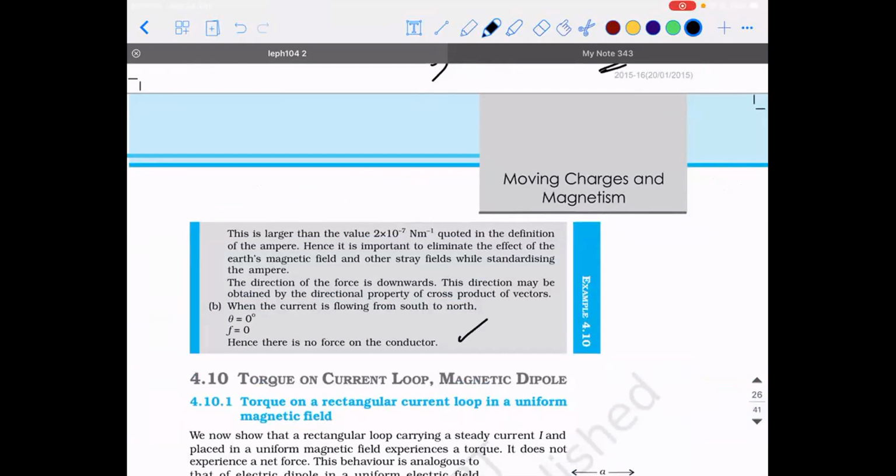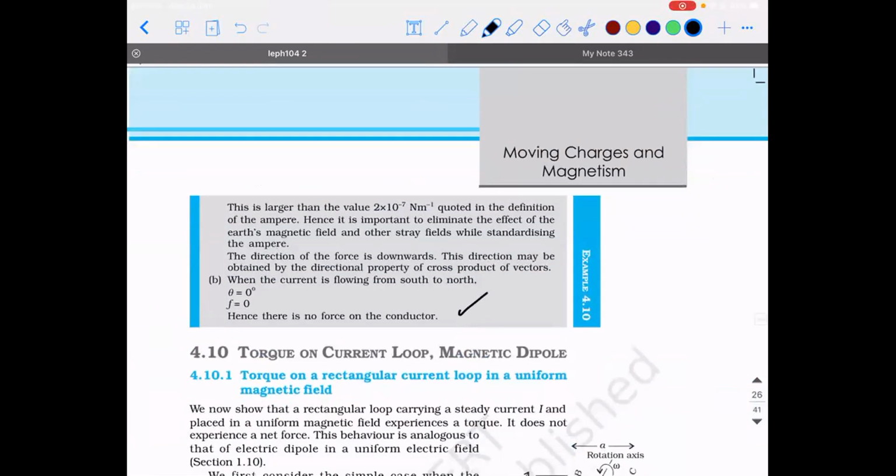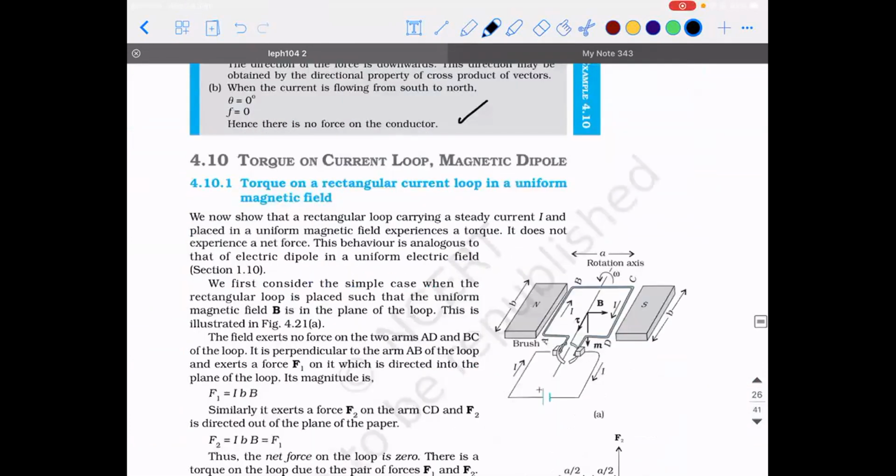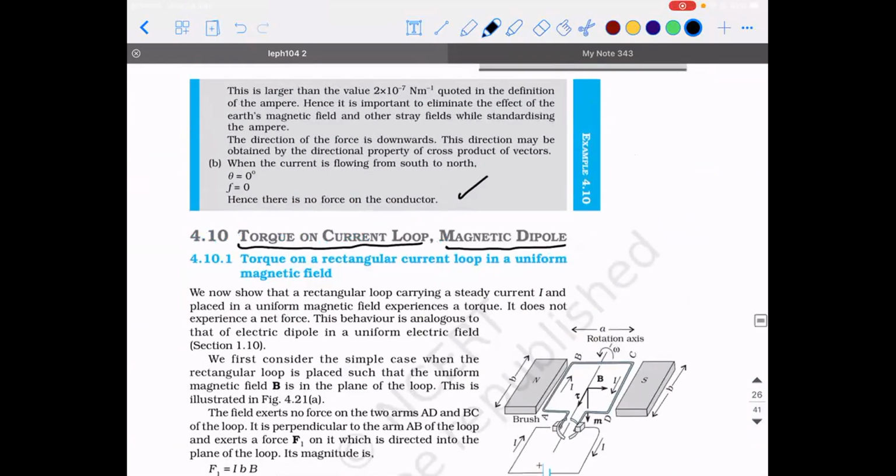Since we have understood this concept, we will try to understand the next concept, that is torque on a current loop and magnetic dipole. Okay. See, do you guys remember this concept?